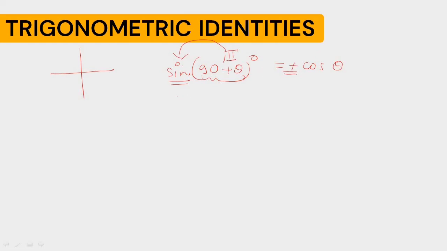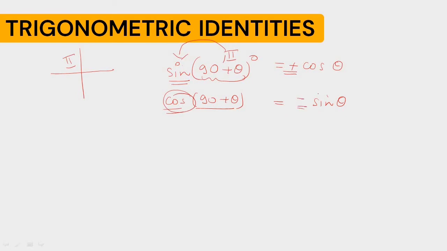Okay. Similarly, if we write cos 90 plus theta, it will be sin theta. But what is 90 plus theta? It will lie in second quadrant. And the value for cos in second quadrant is negative.